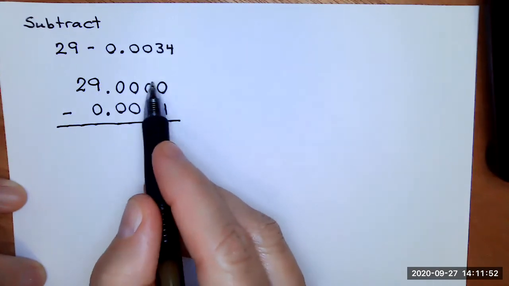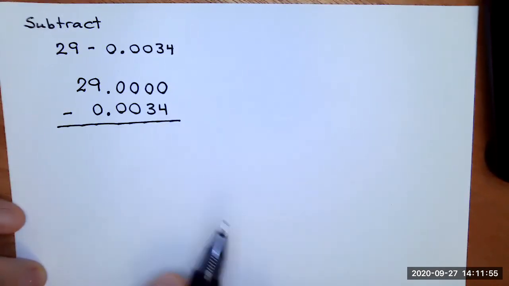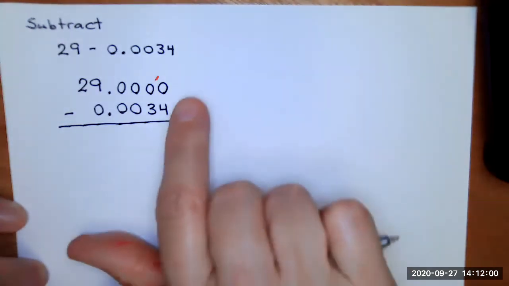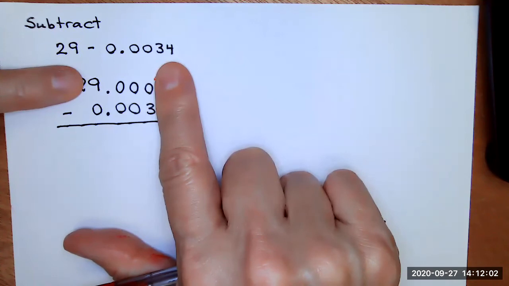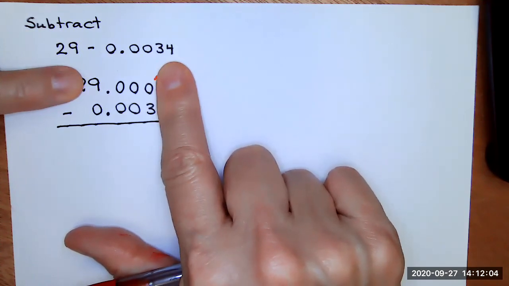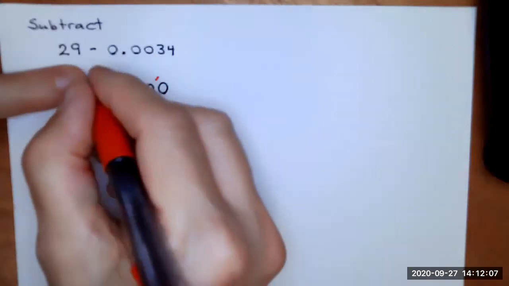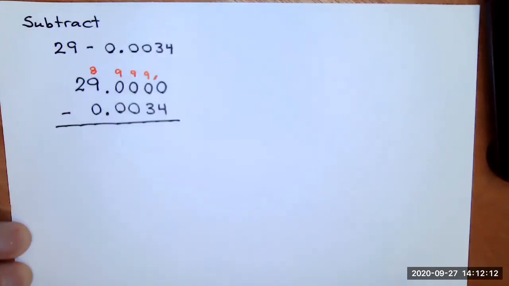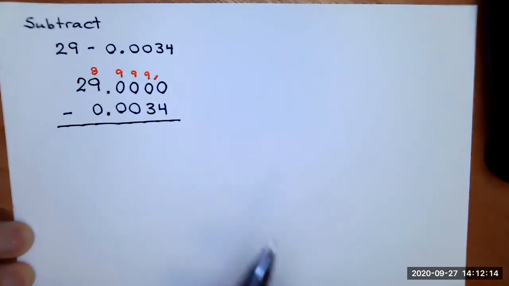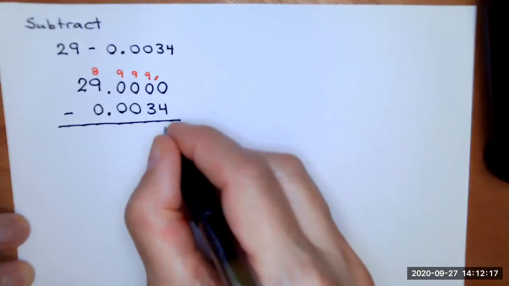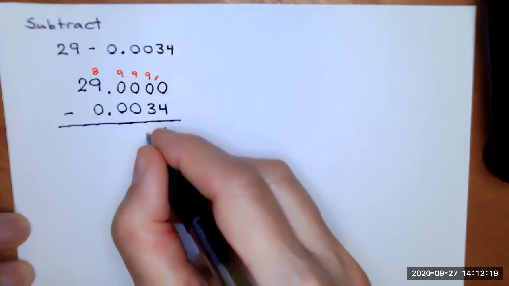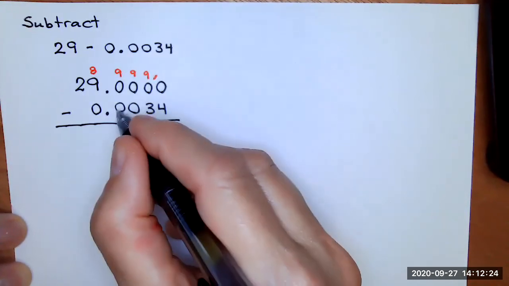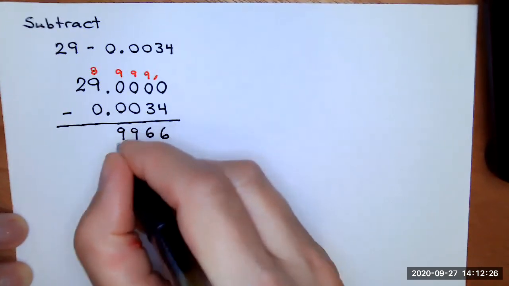And you can either do the borrow, borrow, borrow thing, or I like to think of it as taking 1 out of. I just go until I hit a non-zero digit. So if I take 1 out of 9,000, I get 8, 9, 9, 9. 4 out of 10 is 6. 3 out of 9 is 6. 0 out of 9, 9. 0 out of 9, 9.